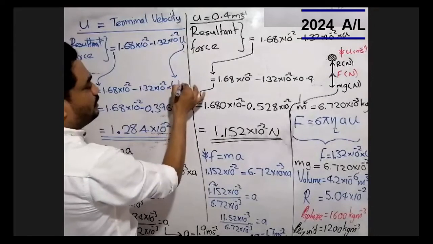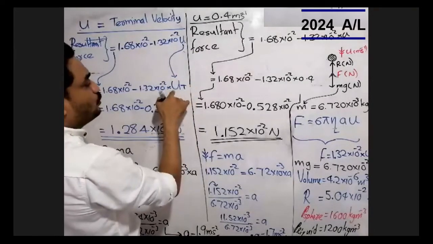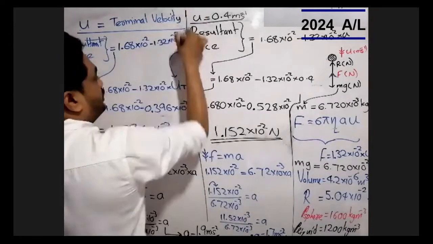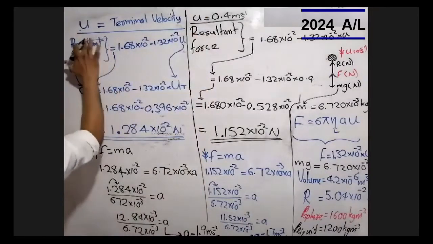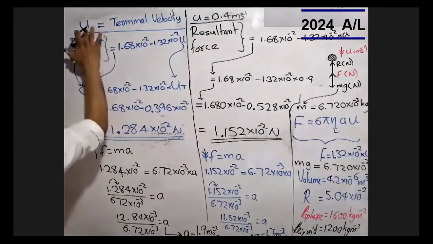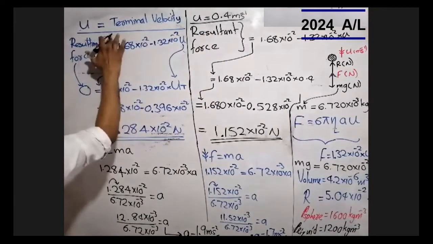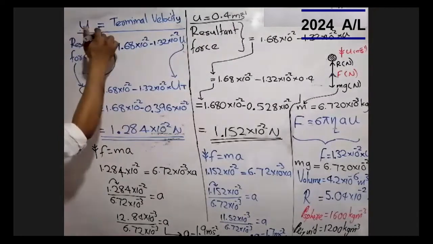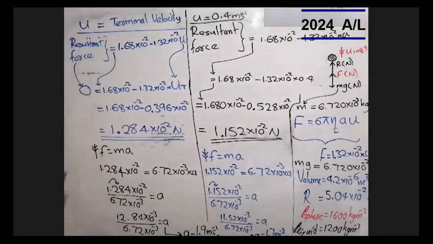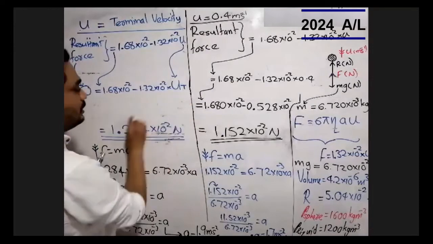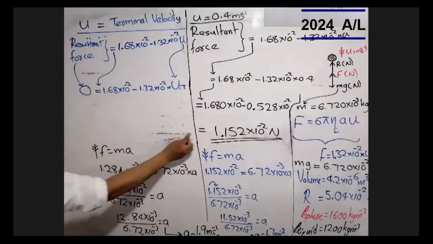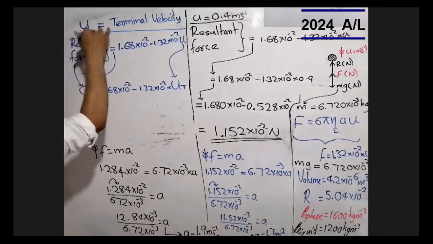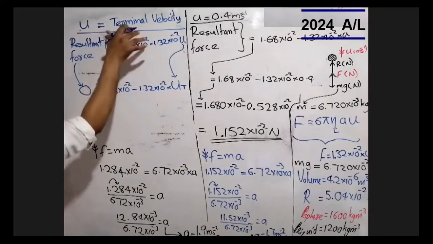Terminal velocity is normally indicated by U with capital T. Please write this equation: U equals terminal velocity, then the resultant force is this equation, and the resultant force is 0. Try to find UT, the terminal velocity. Start.